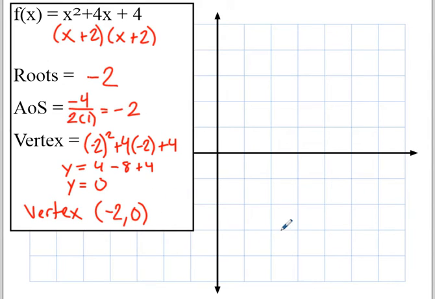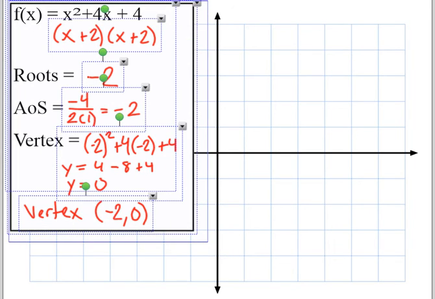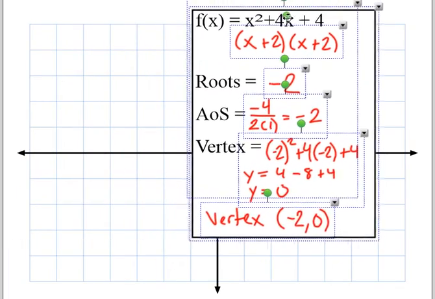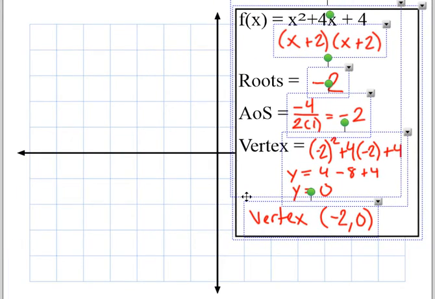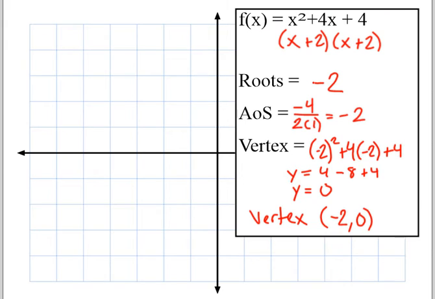Now let's start to plot all these. Our root is at negative 2. So I'm actually going to move all the stuff over here to give myself some room. There we go. Root at negative 2. Now it's time for an axis of symmetry.